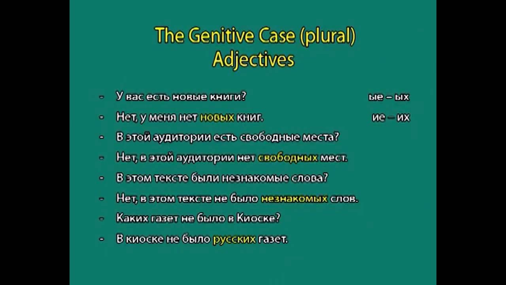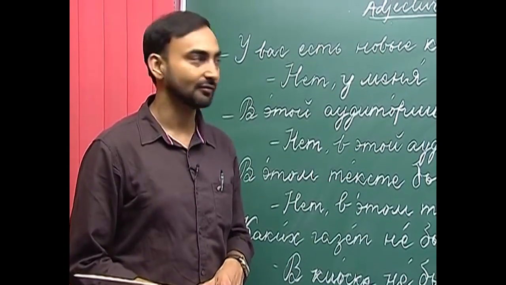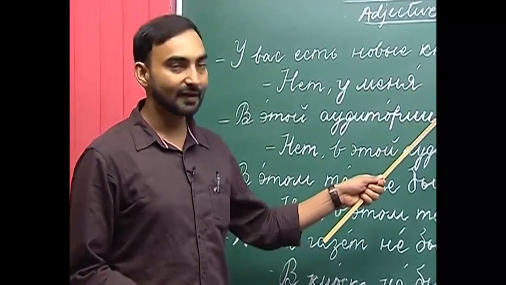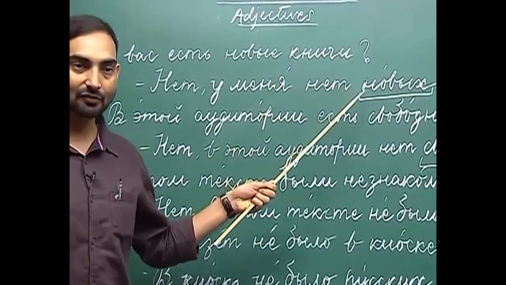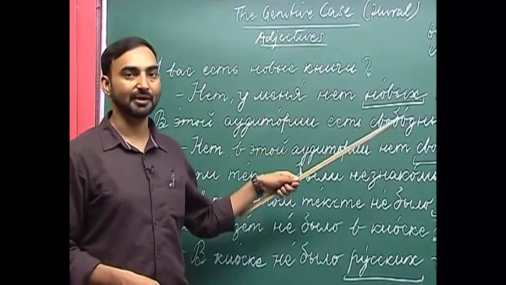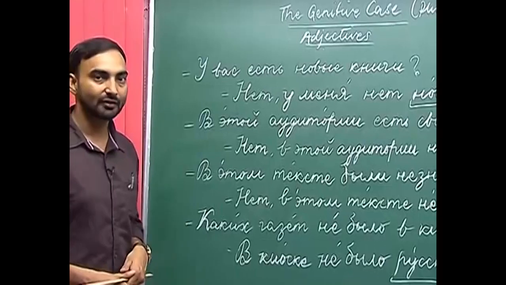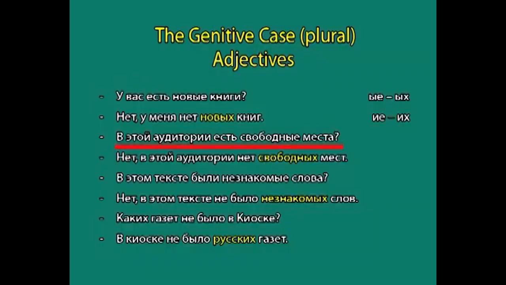If you remember, the same changes we made when we discussed animate nouns in the accusative plural. Basically, the changes are the same in the accusative for animate nouns and in the genitive, animate or inanimate. There is no distinction of animate and inanimate nouns in the genitive case.